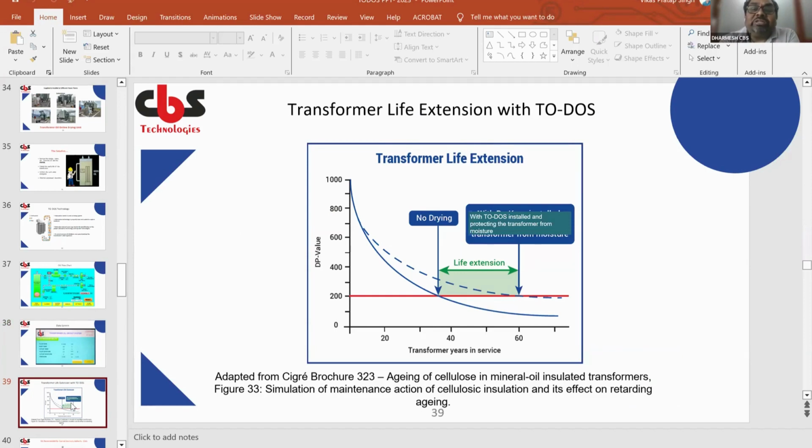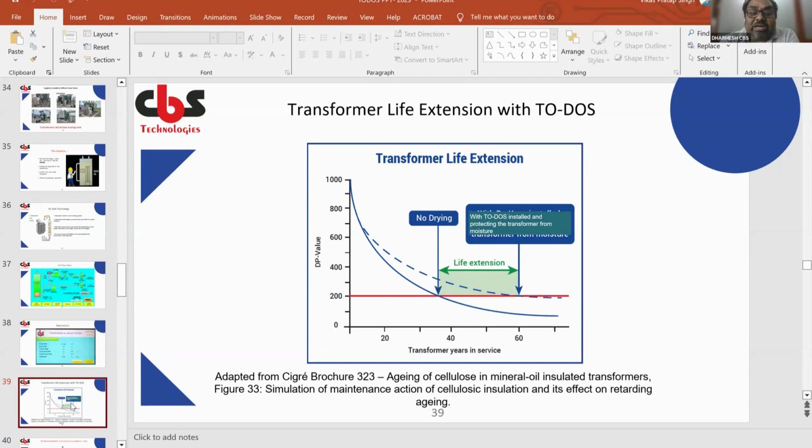This is how you can see how the life is extended in the transformer after putting this transformer dry-out system. With no drying, the considerable life is about 30 years. If you put this system, it can be extended even up to 60 years.